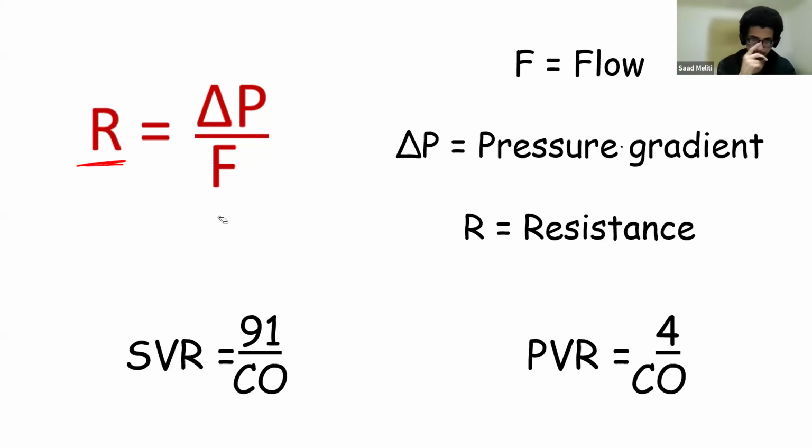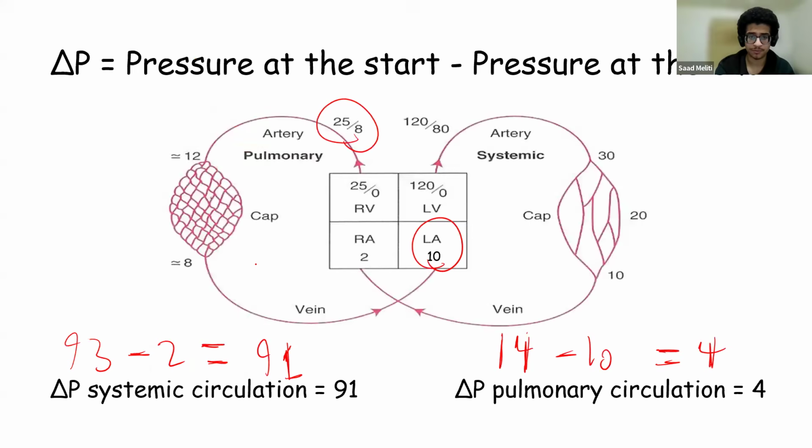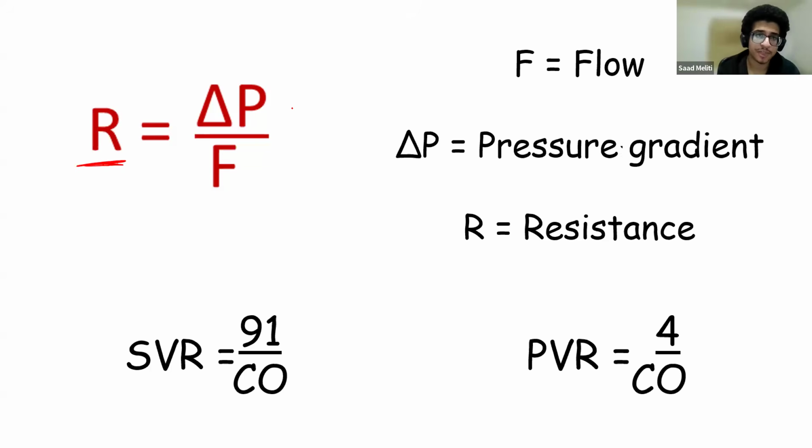The systemic circulation was 91 and the pulmonary circulation was 4. So we're going to put that over here. For systemic vascular resistance, we're going to have 91 as the pressure gradient. For pulmonary vascular resistance, we're going to have 4. And then we divide it by cardiac output.